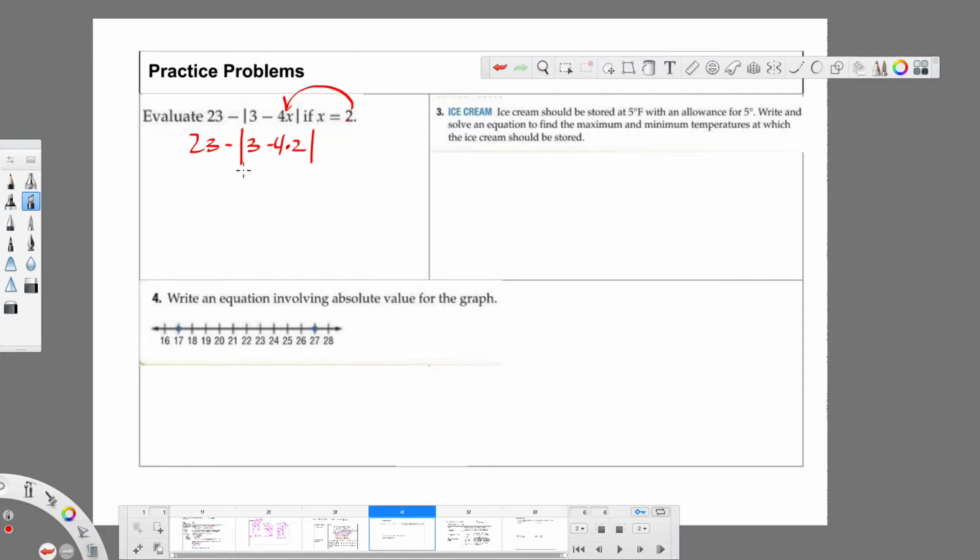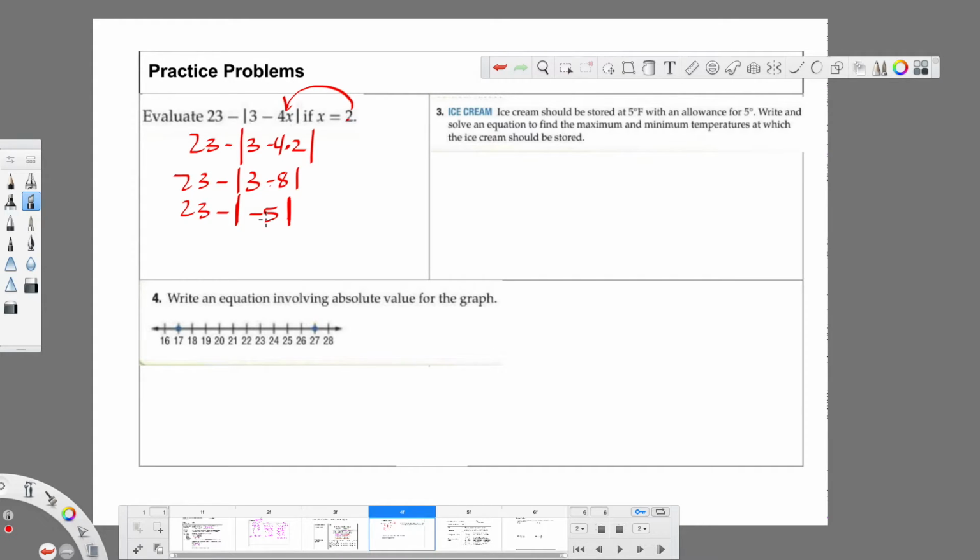Treat these like parentheses, just like any other grouping. So we do this first. We have 3 minus 4 times 2 is 8. 3 minus 8 is negative 5. Now we have to take into account these absolute value signs, and we have to drop that negative 5 away, because now the absolute value of negative 5 is 5.